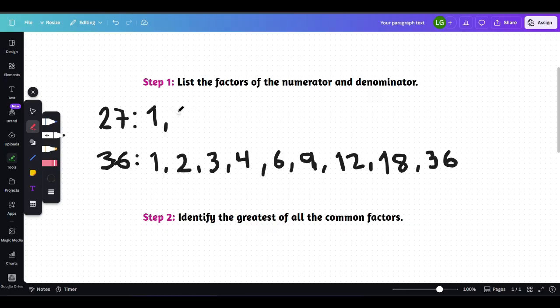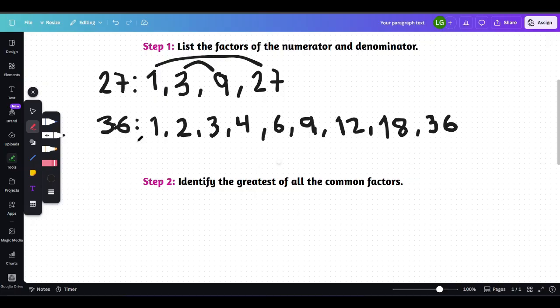So we can take it and we write 3. And then we can see that the next factor for 27 is 9, and the last one, 27. Because if we take a look here, we are making factor pairs. 3 times 9 is 27, and 1 times 27 is 27. Now these are the factors of 36.